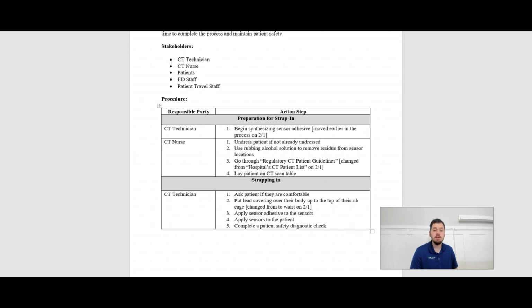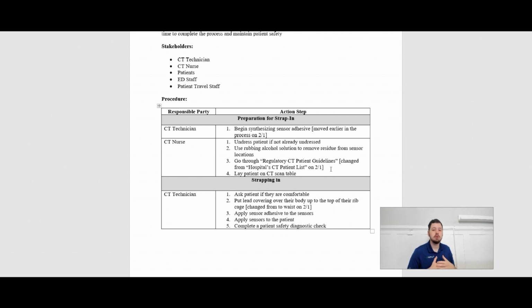And then we've got the process that the CT nurse takes. Again, we've had an adjustment here that we've noted: we've changed the guidelines that we speak to the patient about. It used to be the hospital's CT patient list. Now we go through the regulatory CT patient guidelines. And if the name isn't enough indication, the purpose of that is basically saying we streamlined it.